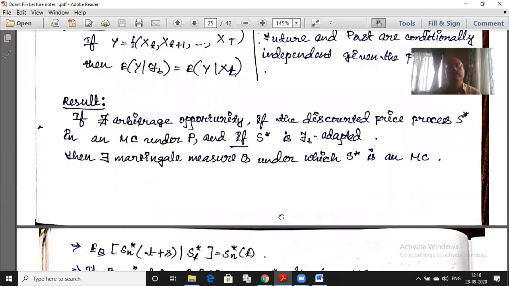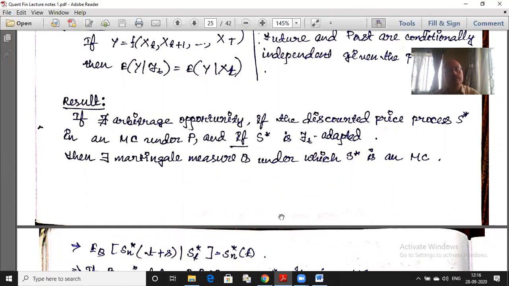Now, coming back to the finance result. If there are no arbitrage opportunities, and if the discounted price process A star follows a Markov chain under the probability P, so I am saying that my A star is a Markov chain, then A star also has that memoryless property. Given the current value, I do not need to see the past.